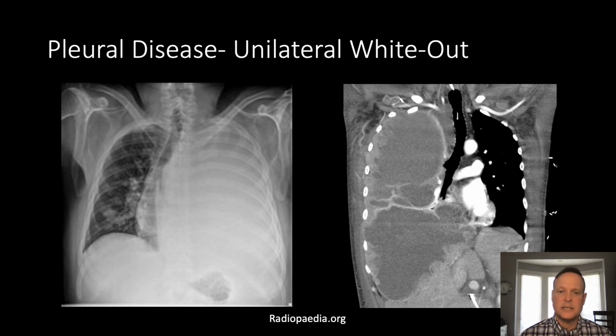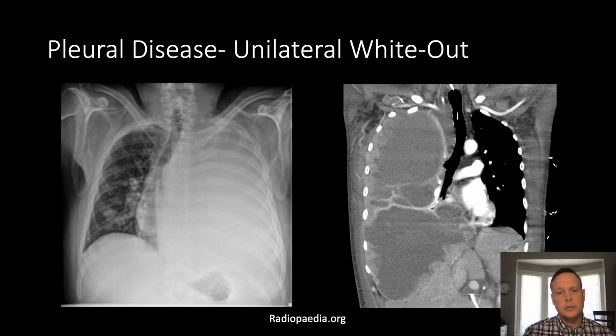That tells us that there's a space-occupying lesion there, whether it's a giant mass or a giant pleural process. In a different patient on the contralateral side, they have a pleural malignancy, which is essentially doing the same thing, but on CT, pushing the mediastinum off to the side as it takes up a large portion of the chest with this mixed fluid and soft tissue involvement of the pleura.